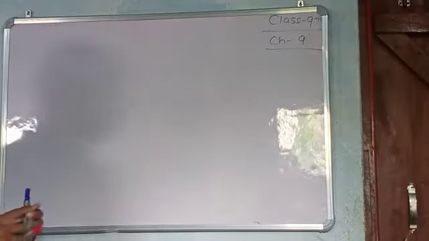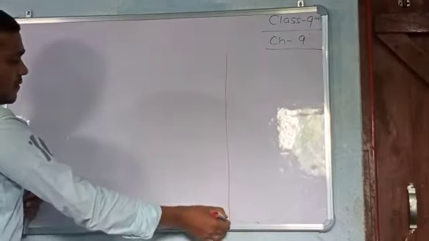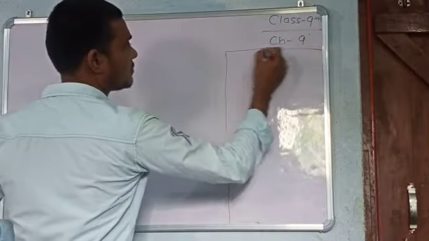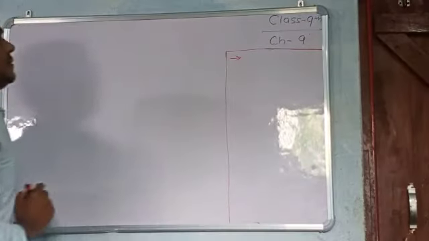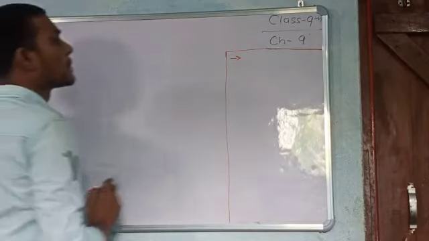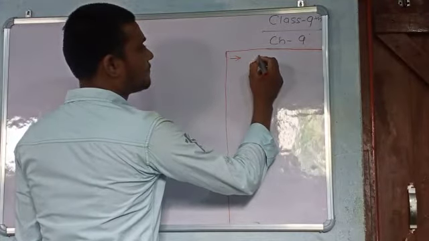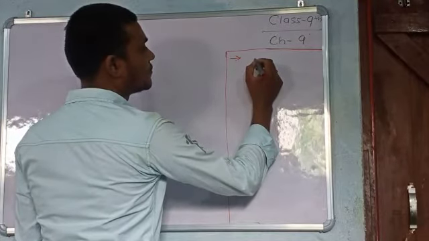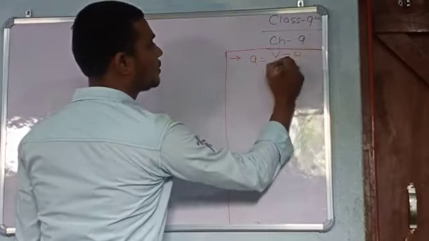We have some important formulas, whatever we taught in previous videos. Acceleration equals v minus u upon t.